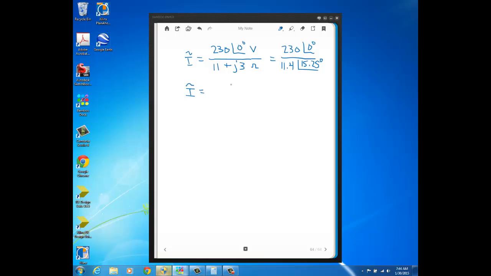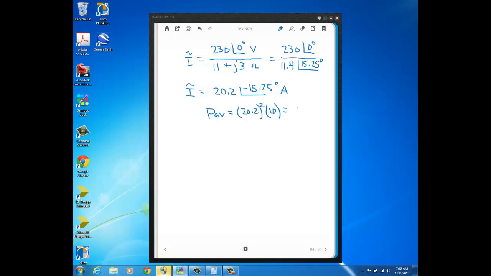So our current is just 230 divided by 11.4, which is 20.2, and the angle is 0 minus 15.25 degrees. So now P average, the length of that adjacent side of the power triangle, is just going to be this current squared times the resistance of the load, which is the 10 ohms.